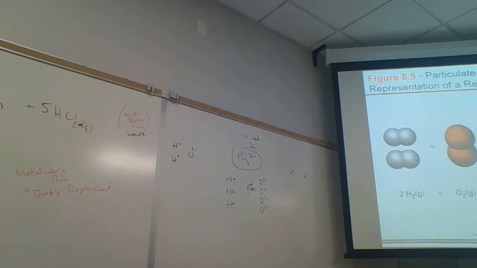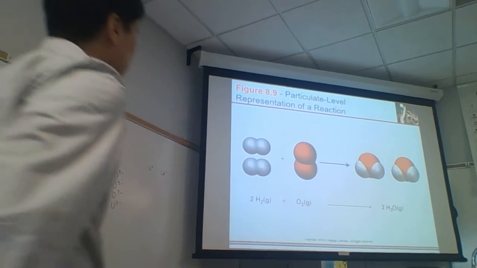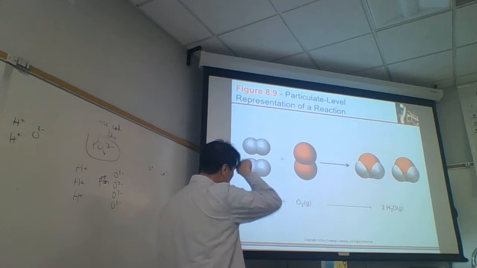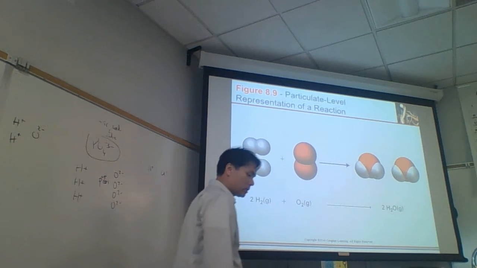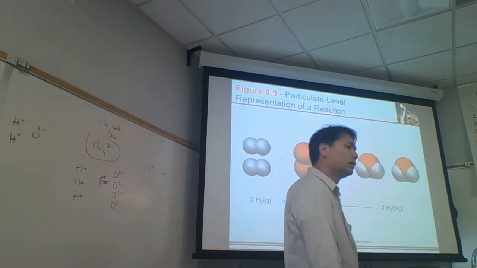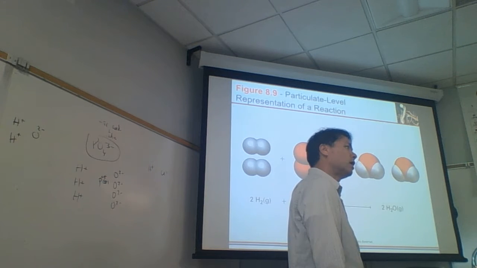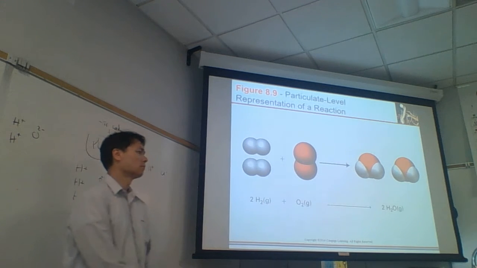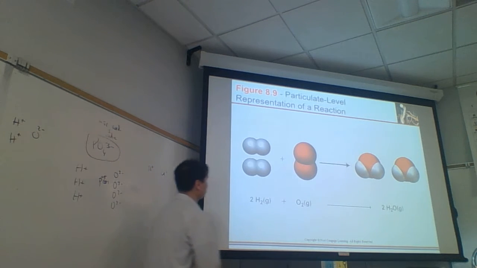All right, so this is at the particulate level. See the reaction here, the formation of water. Now, do the oxidation states change in this reaction? So we have hydrogen atoms here.